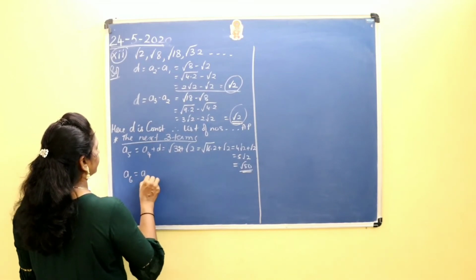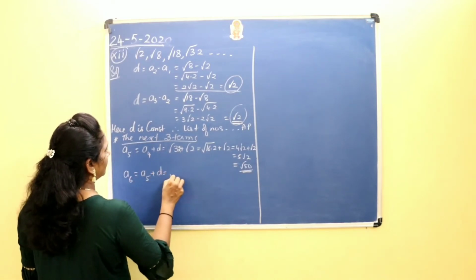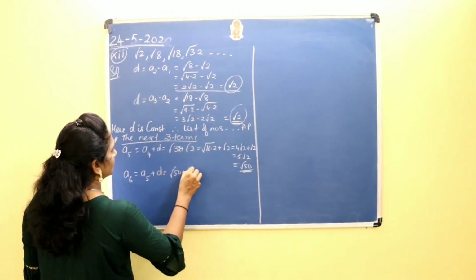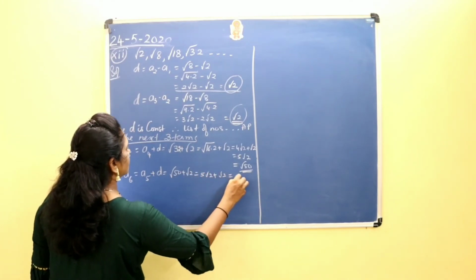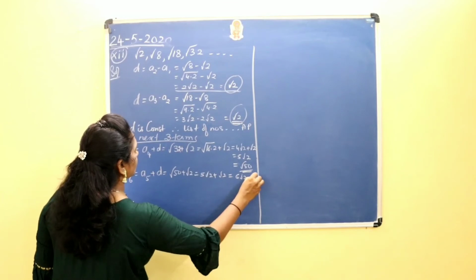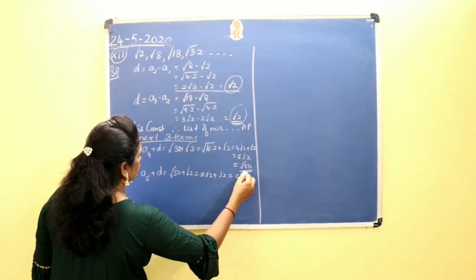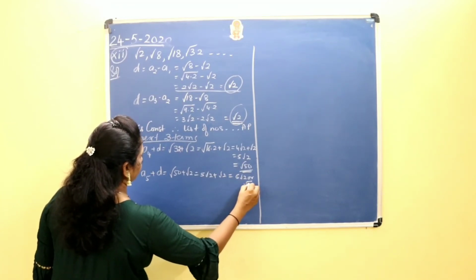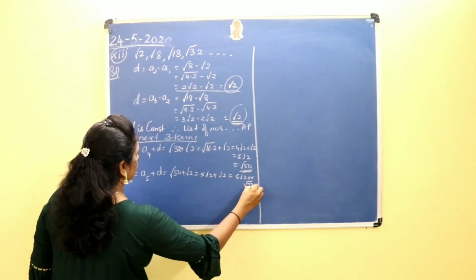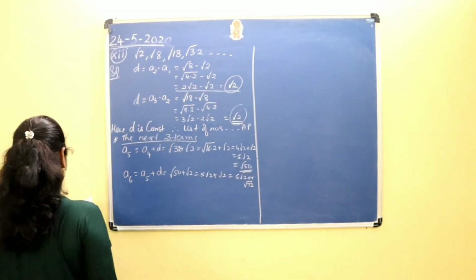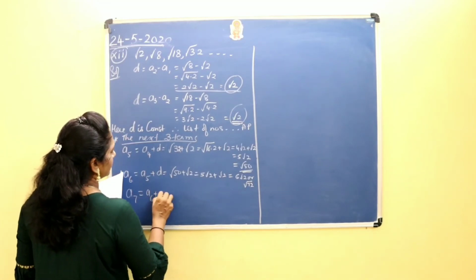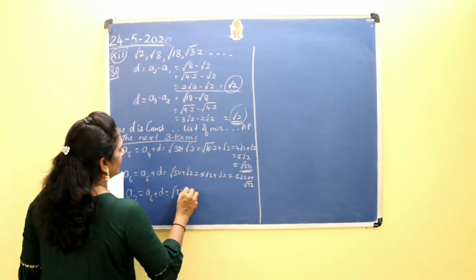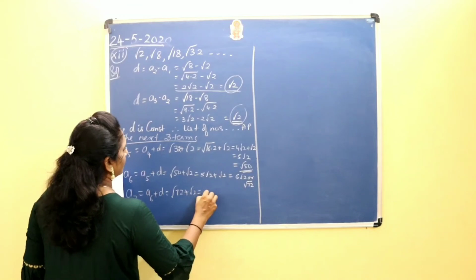A6 is equal to A5 plus D: root 50 plus root 2. Root 50 is 5 root 2 plus root 2. It is 6 root 2, or it can be root of 36 into 2, which is root 72. Then A7 is equal to A6 plus D: root 72 plus root 2.